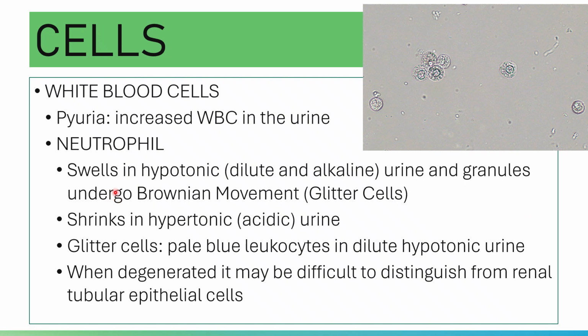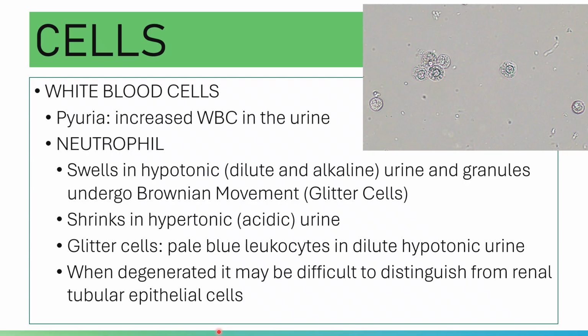The predominant WBC present in the urine is the polymorphonuclear leukocyte, or neutrophil.